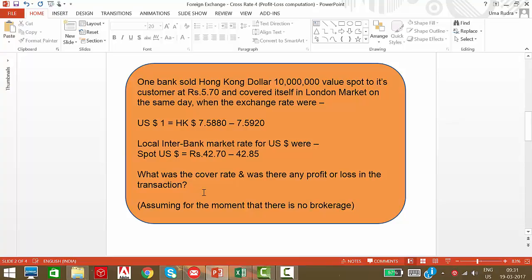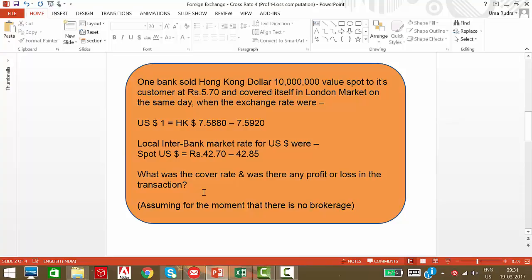The bank sold 10 million Hong Kong dollar to its customer. The conversion rate was 5 rupees 70 paisa per Hong Kong dollar. So after selling Hong Kong dollar, they got INR. Then immediately they covered themselves in London market on the same day, meaning they bought back Hong Kong dollar from London market.